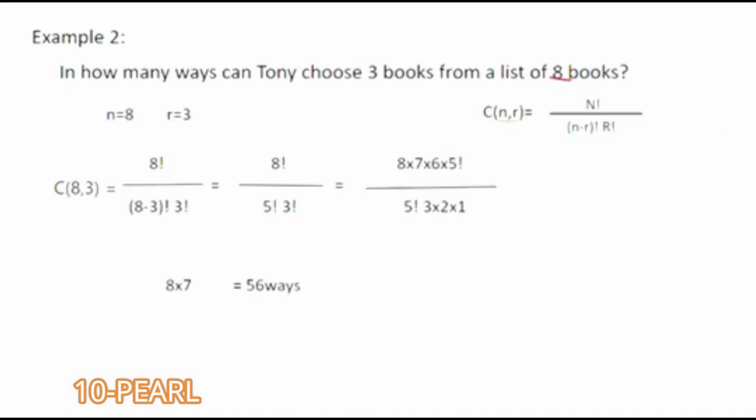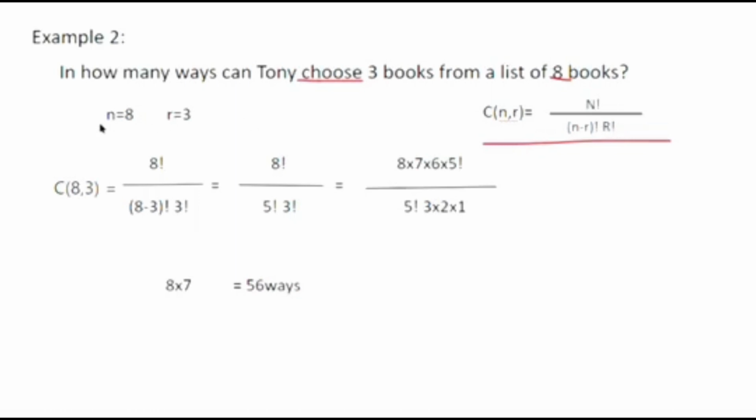So, for our example number 2, in how many ways can Tony choose 3 books from a list of 8 books? So, sa problem nito, madidetermine natin na isa siyang combination from the word choose. So, yung formula ulit natin dito sa problem nito ay ito. C(n, r) is equal to n factorial over n minus r factorial times r factorial.